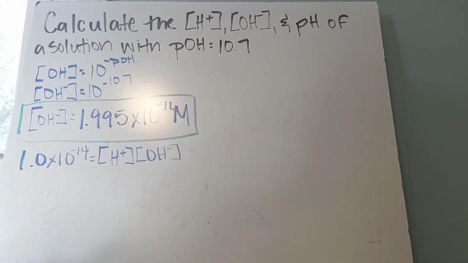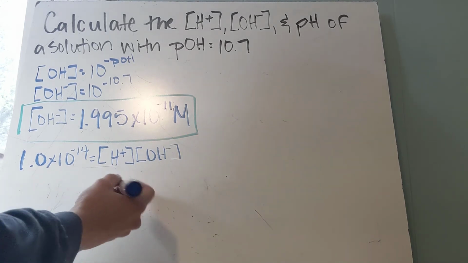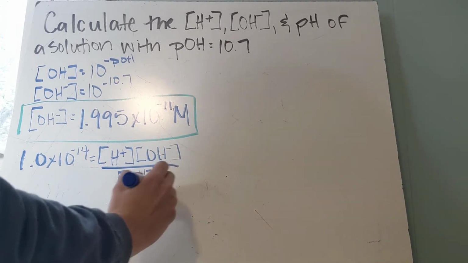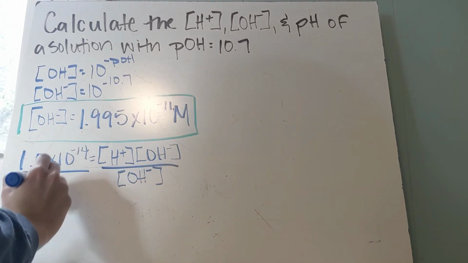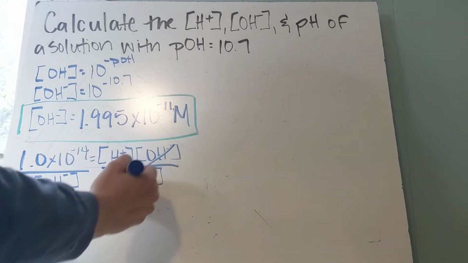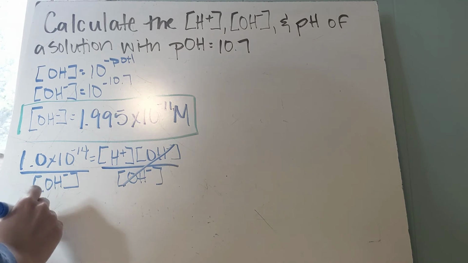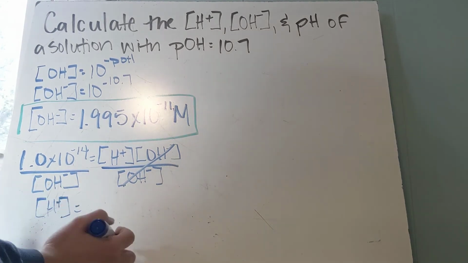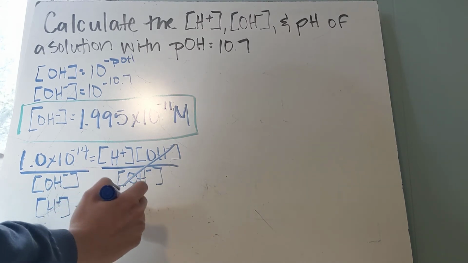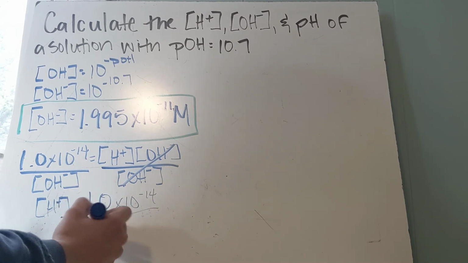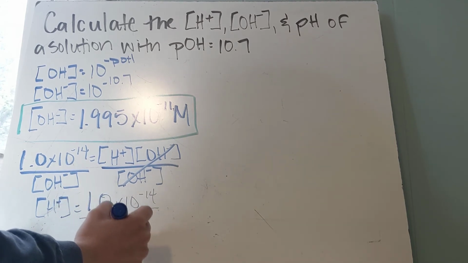All right, so I'm solving for H plus, so I'm going to divide both sides by OH minus. So now I'm going to get H plus is equal to 1.0 times 10 to the negative 14th divided by OH minus concentration.